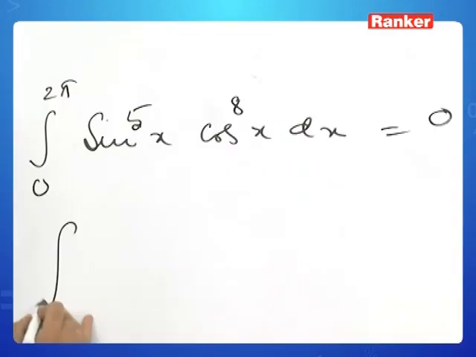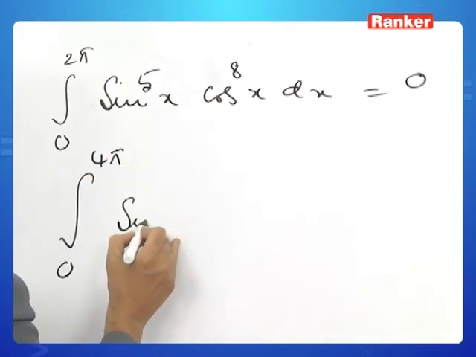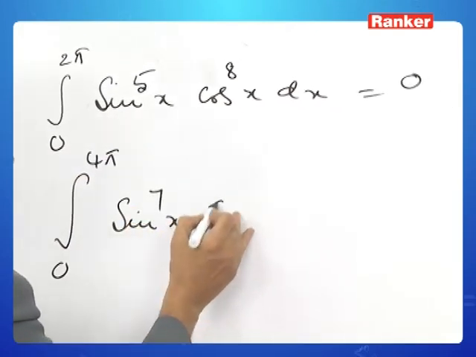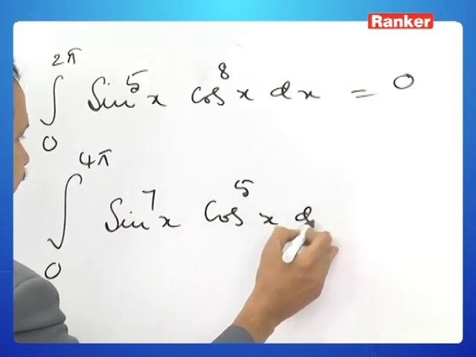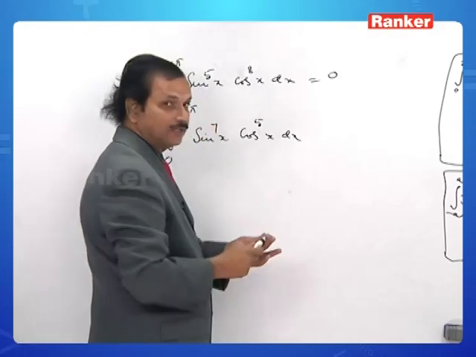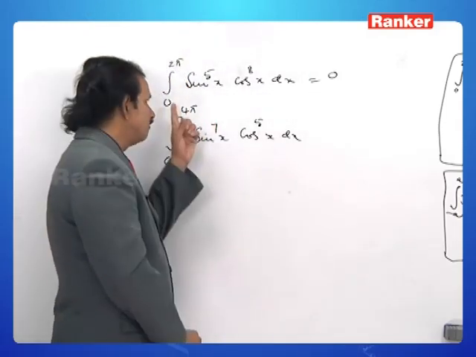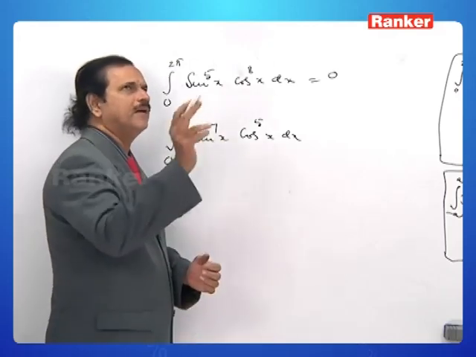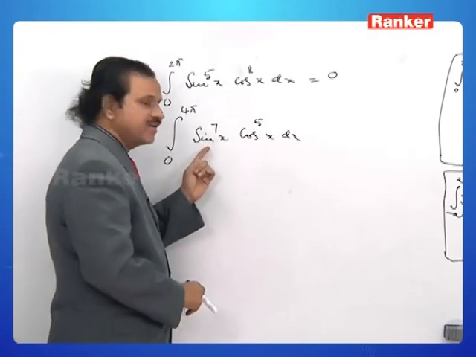Now I change it, 0 to 4 pi, sin power 7x into cos power 5x. You observe this case. What happens? 4 pi minus x is in the fourth quadrant. In the fourth quadrant sine is negative.